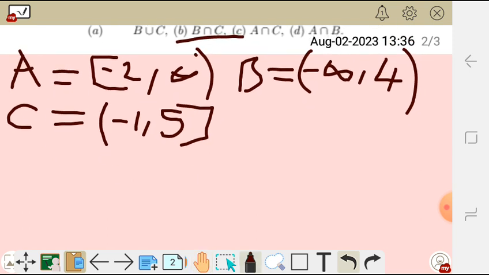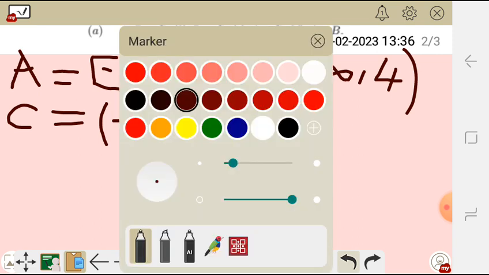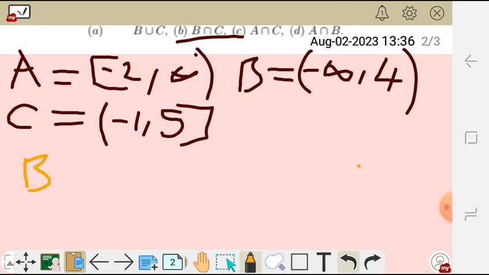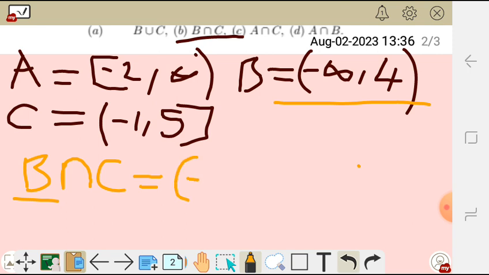So B intersection C is equal to, so we're going to replace our sets. Okay, we have B, so set B is this set which is here, so we're going to say set B, which is -infinity comma 4, and then intersection, our C is this set here.